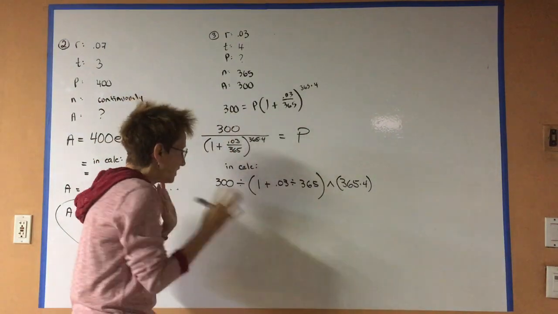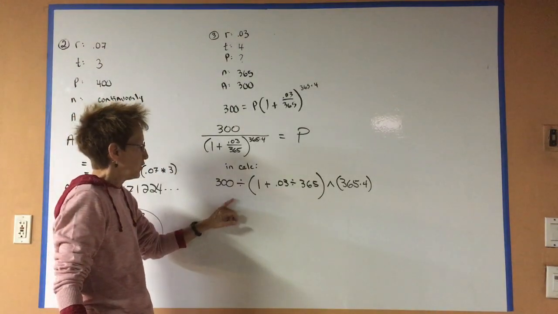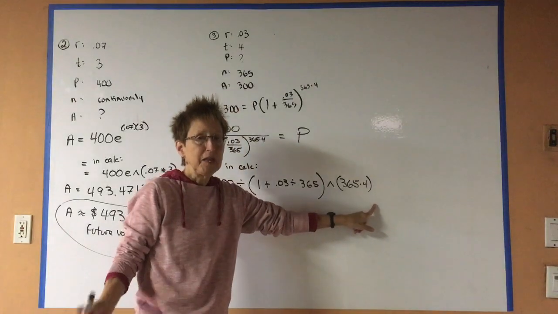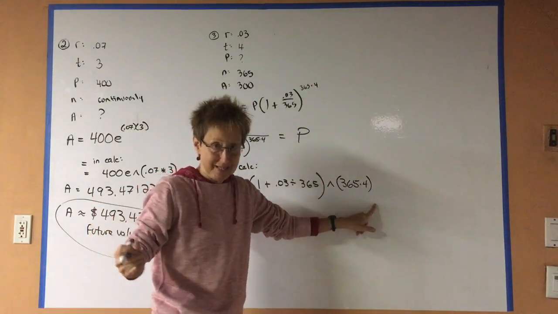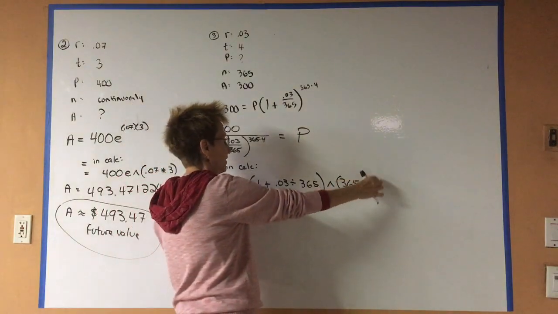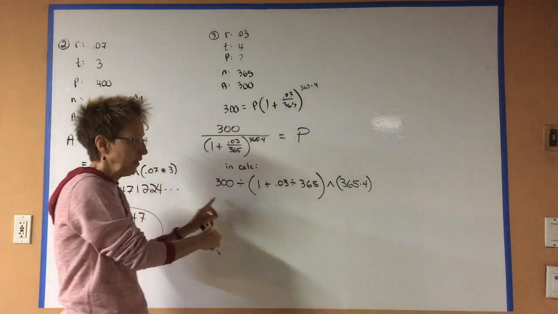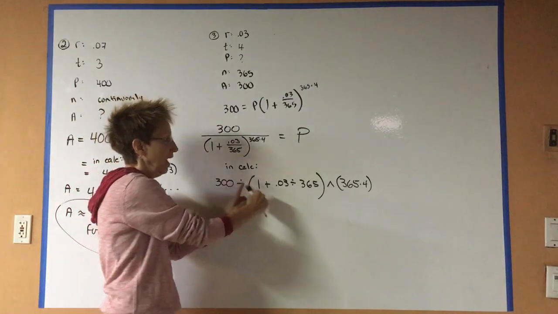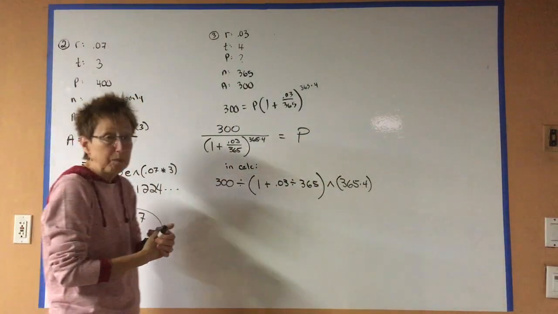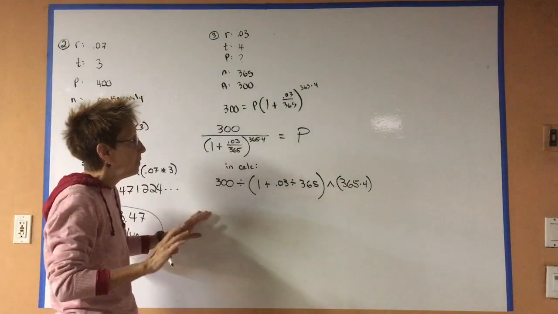But now the question is do I need an extra set of parentheses maybe here? And honestly, when in doubt, put them in. If you're not sure, it's not going to hurt to tell the calculator, hey, this is my denominator, this is my numerator. I don't really need them around the numerator, but I might need them around the denominator, and if I'm not completely sure, then I will put them in just to make sure.